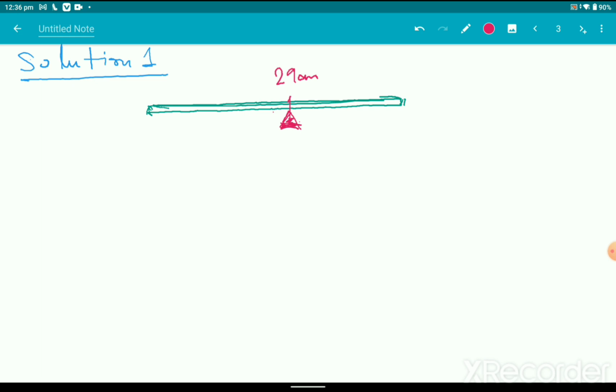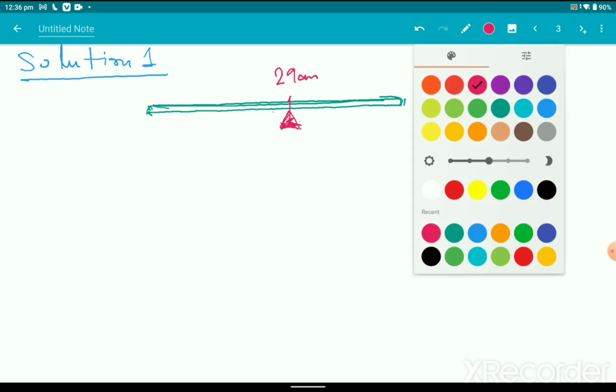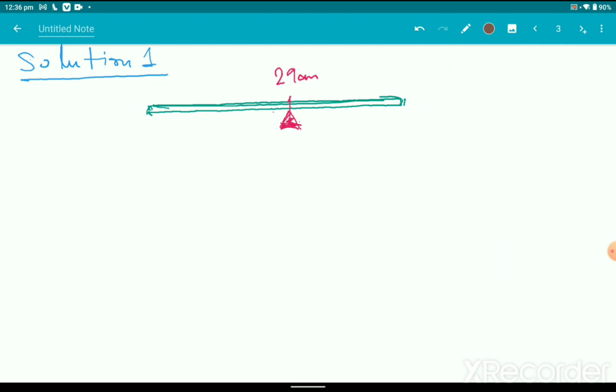So the midpoint of a half meter rule is 25 centimeter, definitely. So the weight of the rule will be acting through this 25 centimeter mark. So this is the point where the weight of the rule will act.